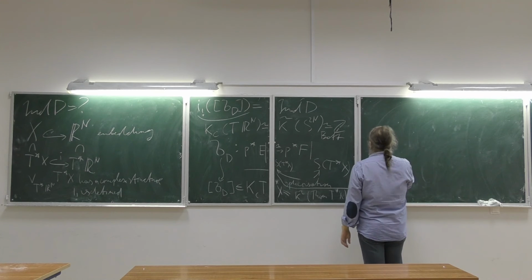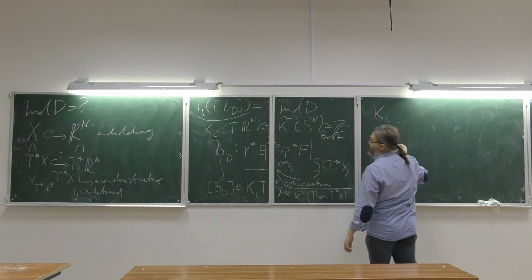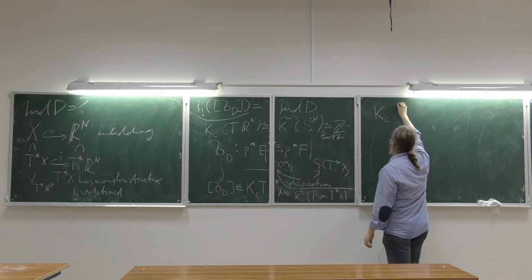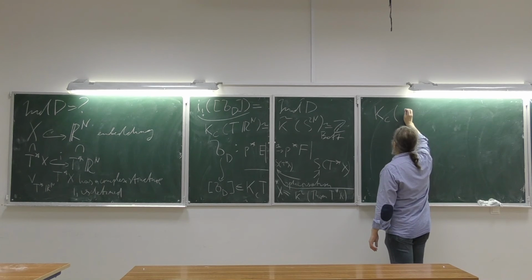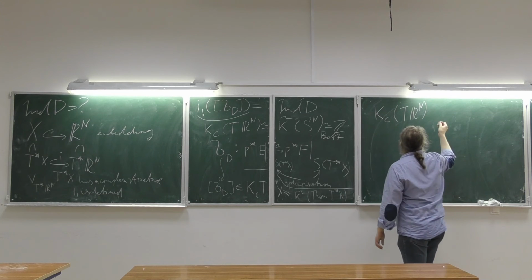Okay, so what do we have? We have K-theory with compact support of T R^n.